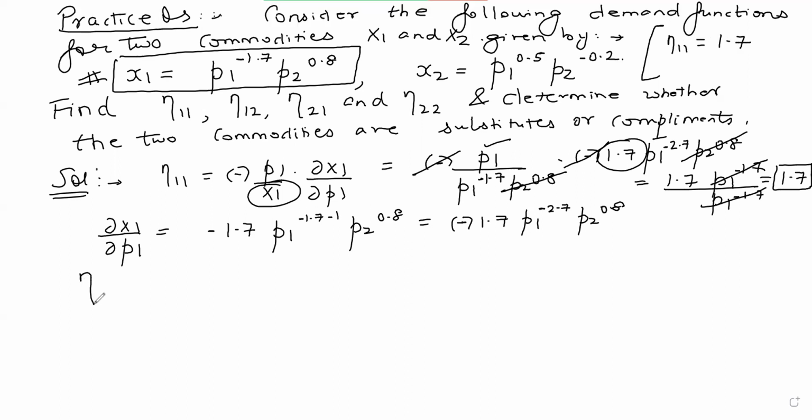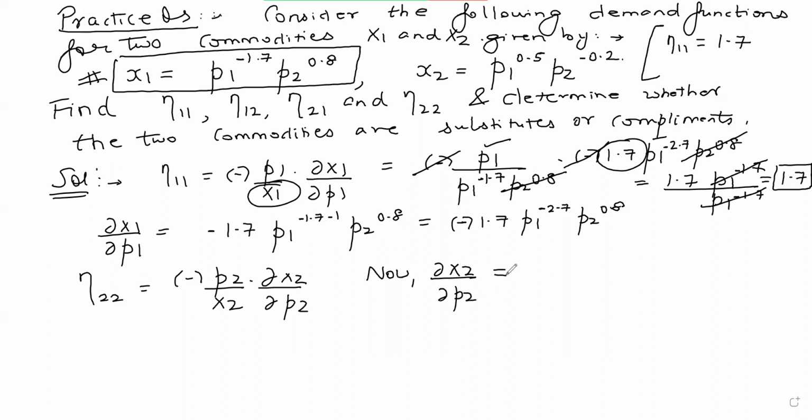Let's calculate eta 22. That is minus P2 by x2 times del x2 by del P2. Now, what is del x2 by del P2? Partially differentiate the demand for good x2 with respect to price P2. So I get negative 0.2, P1 to the power 0.5, P2 to the power negative 0.2 minus 1, which makes it negative 1.